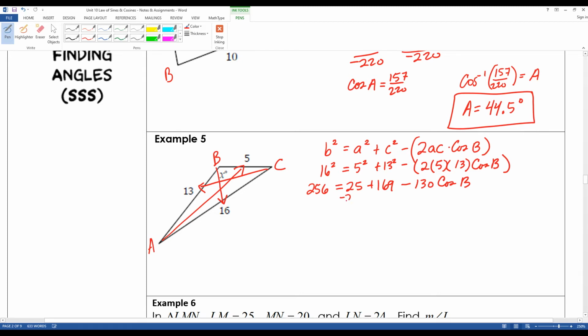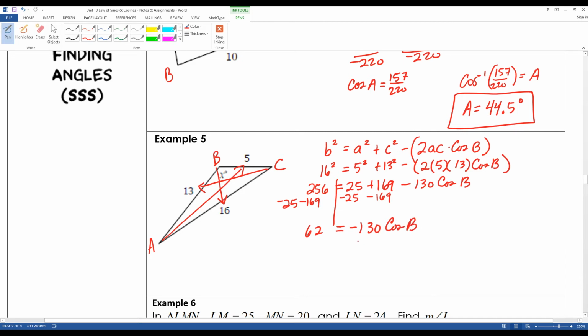Just like the last problem, we're going to subtract 25 and subtract the 169. So I have 256 minus 25 minus 169. So I get 62 equals negative 130 cosine B.